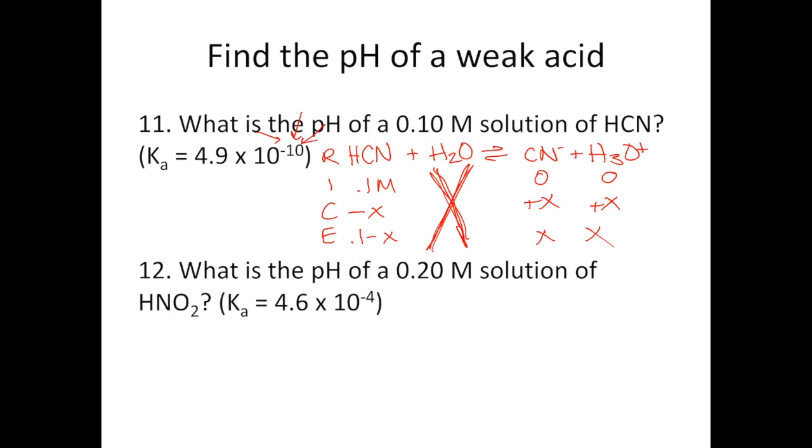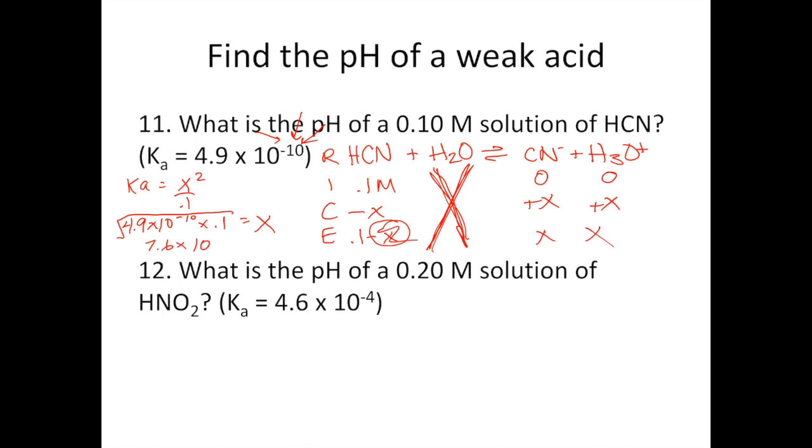Please notice that my Kas are always really small. And so since they are small, I can ignore this little minus X. So when I write my Ka expression, it's going to be X squared over 0.1. I'm going to say 4.9 times 10 to the minus 10 times 0.1, and I'm going to square root it to get X. I had to bring 0.1 up, and then I had to square root because X was squared.